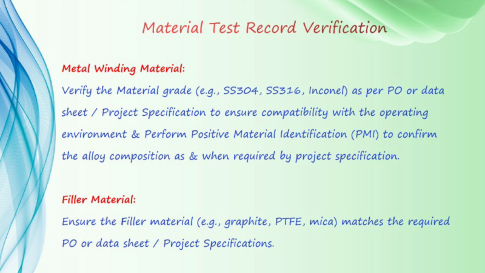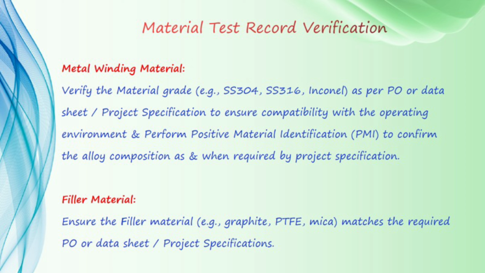The next parameter is material test record verification. I will not go very deep on this topic because I have made a separate video on mill test certificate. So our YouTube friends can watch that video on my channel.